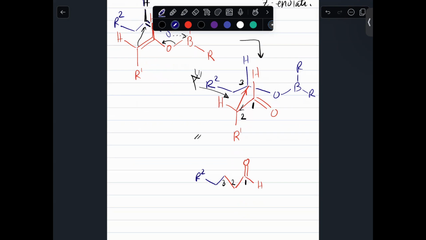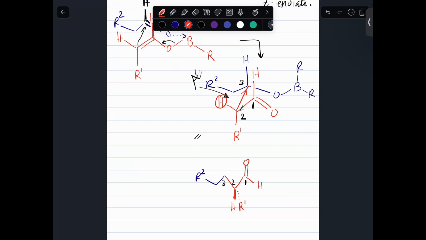Okay. Now I have to worry about the substituents at carbon 2 and carbon 3. Let's start with my carbon 2. Please notice, again, the hydrogen is coming out towards me. So it is wedged, which means that my R1 group is dashed.